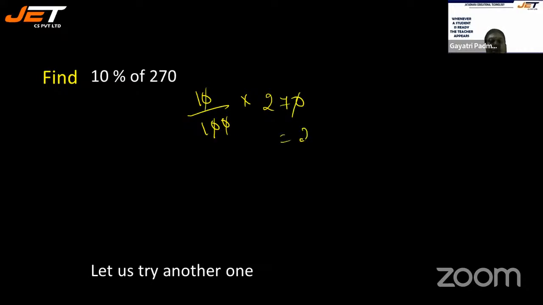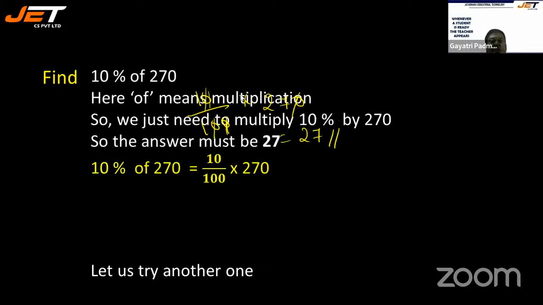It is 27. So what they told in the earlier slide was that 10% is nothing but 10 by 100. So leave off the 0, and you will get 1 down. That's all. So it is 27. If you have got 27 as your answer, then it is perfect.